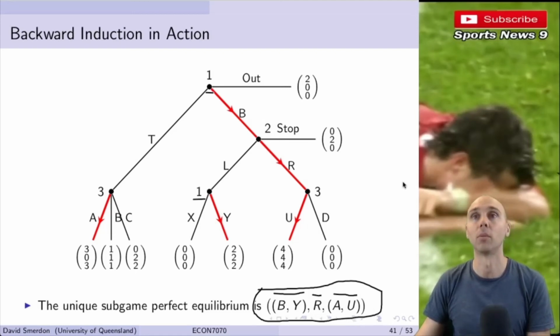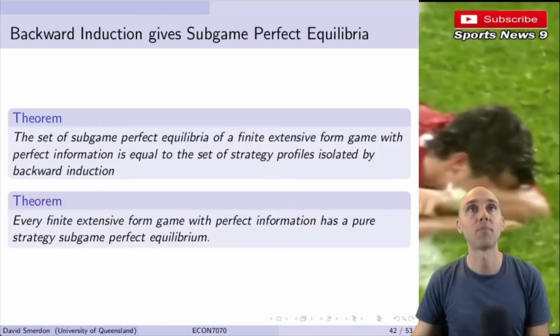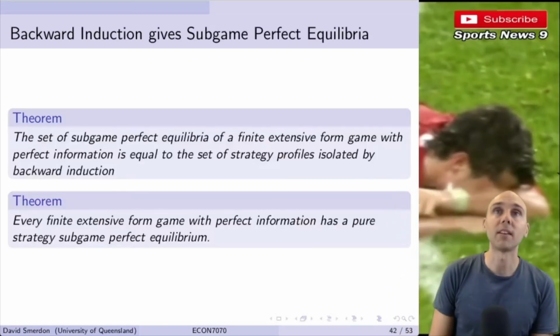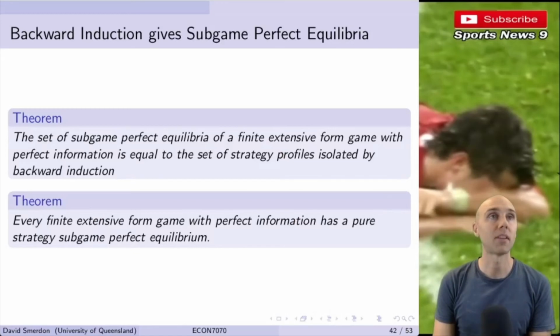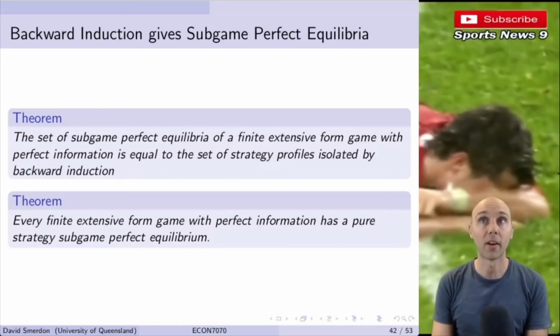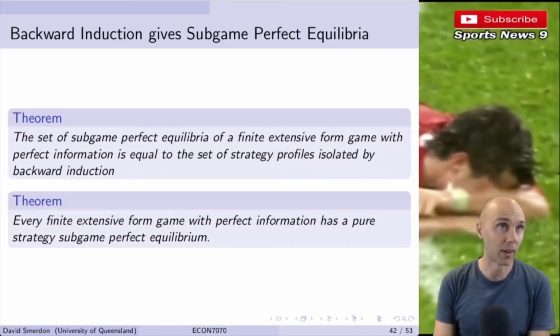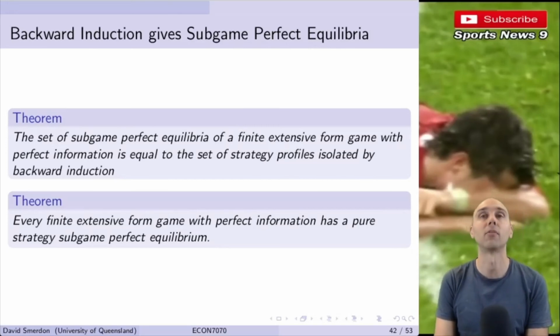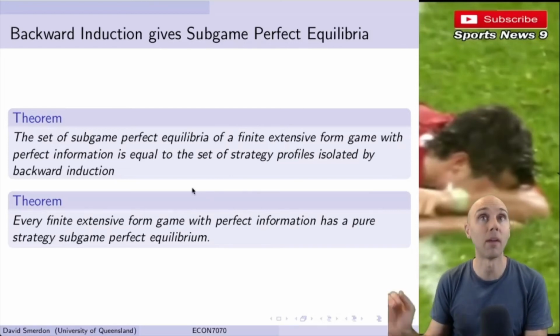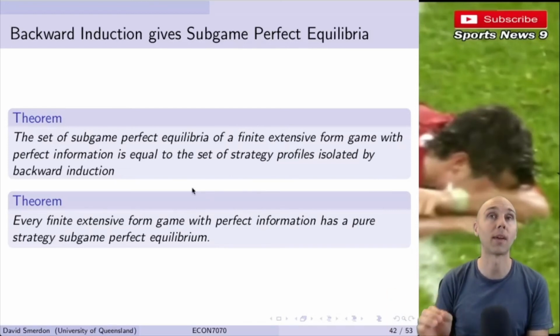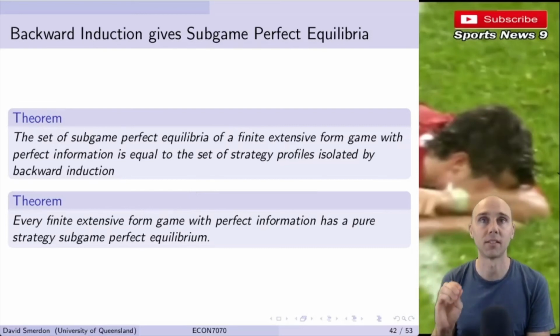Okay, a couple of definitions now, a couple of theorems in fact. The first is that the set of subgame perfect equilibria of a finite extensive form game, or a game tree that has an end, with perfect information, is equal to the set of strategy profiles isolated by backward induction. In other words, this method that we just saw will capture all subgame perfect equilibria that exist.